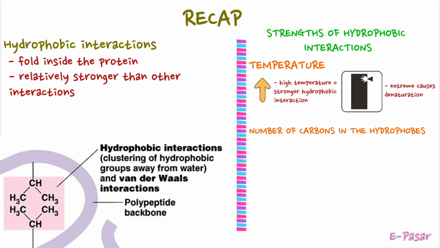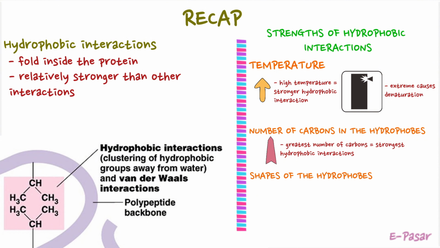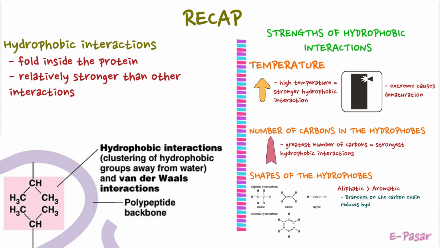Next is the number of carbons on the hydrophobes. Molecules with the greatest number of carbons will have the strongest hydrophobic interactions. And lastly, we have the shape of the hydrophobes. Aliphatic organic molecules have stronger interactions than your aromatic compounds.